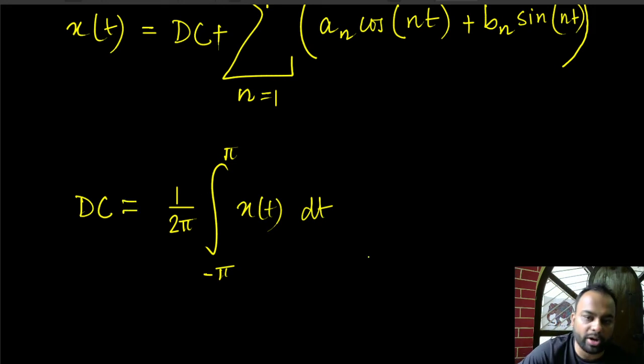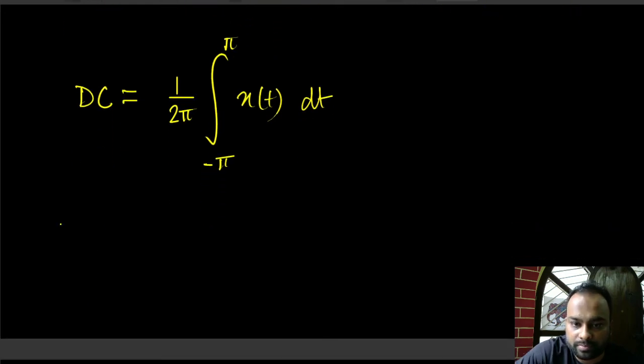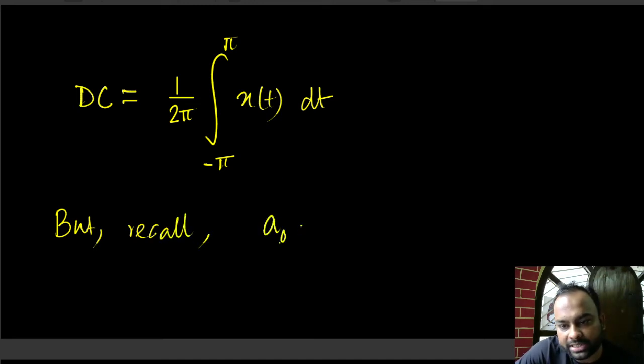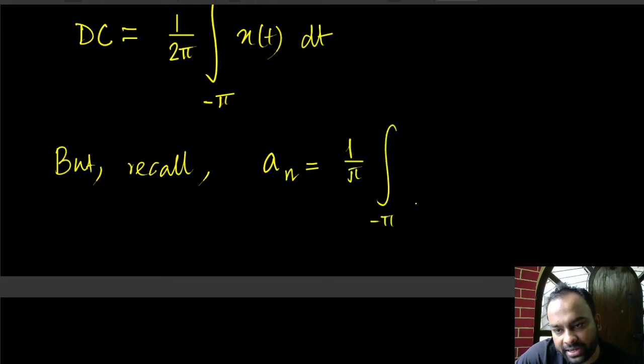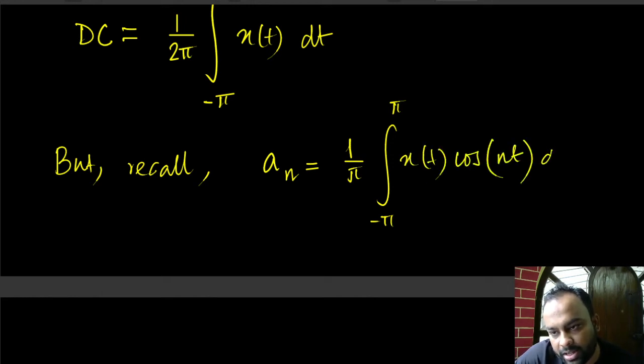So this is the DC component of the signal. This is understood, right? But recall that moments ago we said that an, which is the cosinusoidal component, has this expression: 1 by pi integral from minus pi to pi of x(t) cos nt dt.